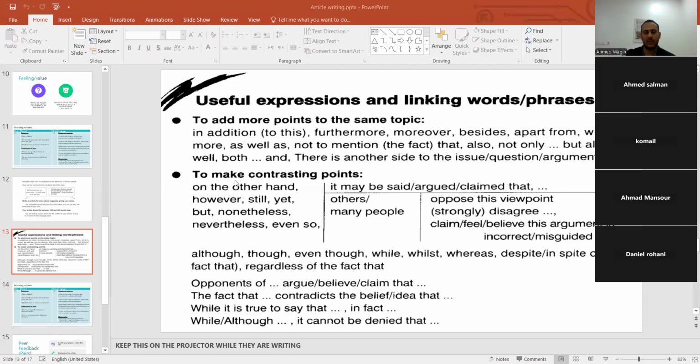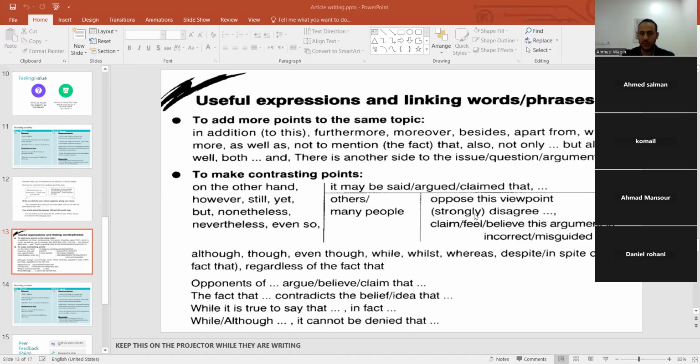If you want to make a contrasting point, or you talked about a point and you want to shift to the other side, the opposing point of view, or the opposing people who are against, or another idea, you can say, on the other hand, you can say, however, still, yet, but, nonetheless, nevertheless, comma, it may be said or argued or claimed that, and you say what's claimed or what's argued.